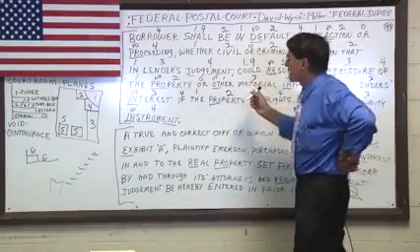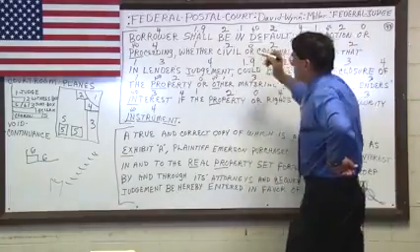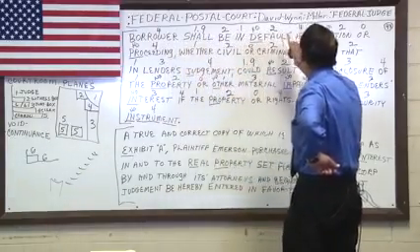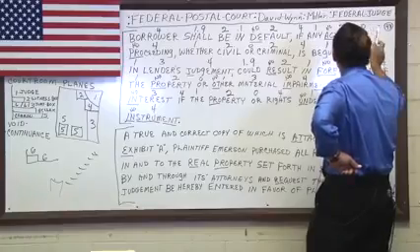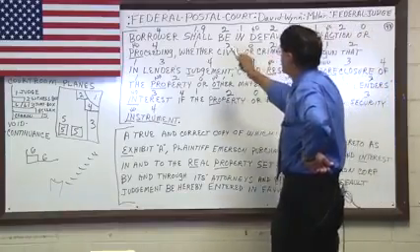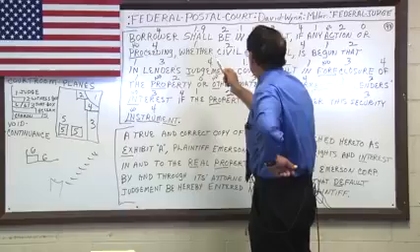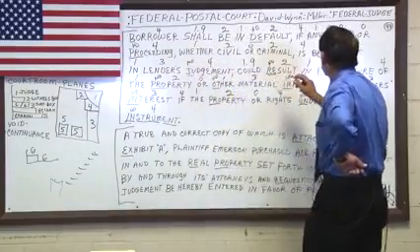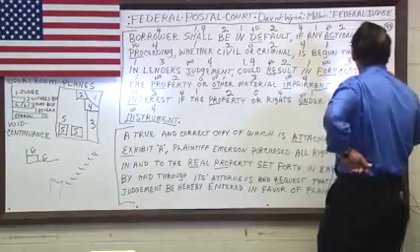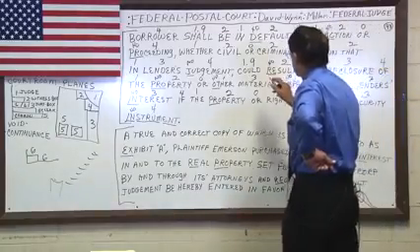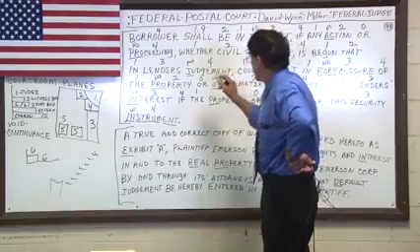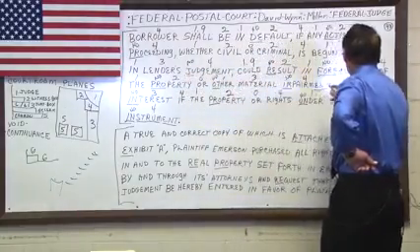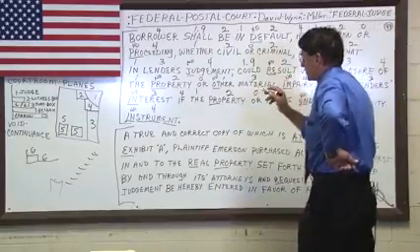So where we started off with 43 words, we now have 1, 2, 3, 4, 5, 6, 7, 8, 9, 10, 11, 12, 13, 14, 15, 16, 17, 18, 19, 20, 21, 22, 24, 25, 26, 27, 28, 29, 30, 31, 32, 35, 36, 37, 38, 39, 40, 41, 42.